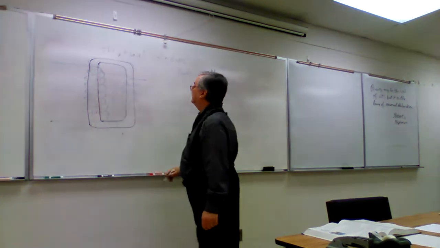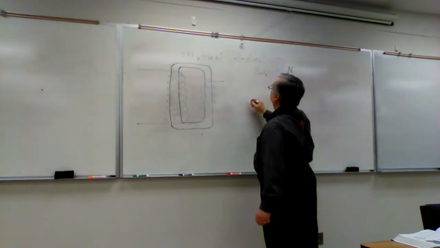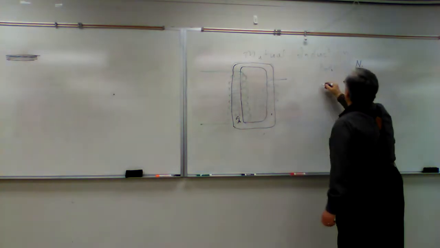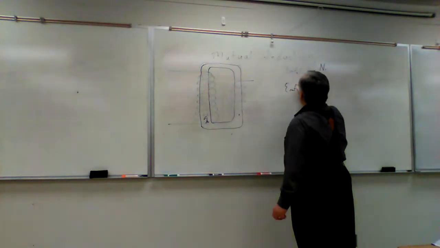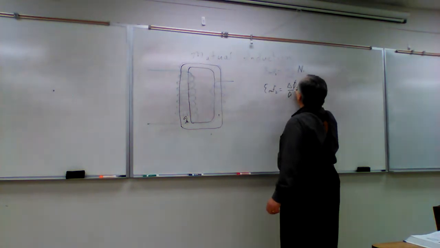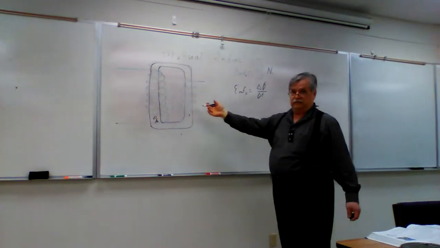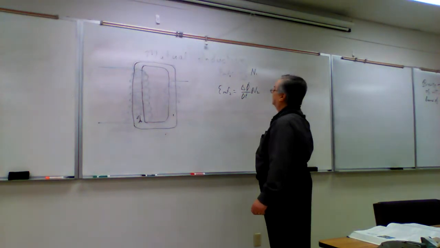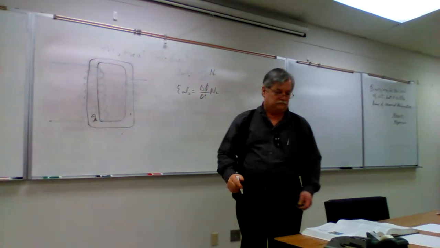Same thing is true over here. If this is 1 and this is 2, then EMF 2 is going to equal the change in flux per change in time, which is the same flux, in the same coil, times N2.